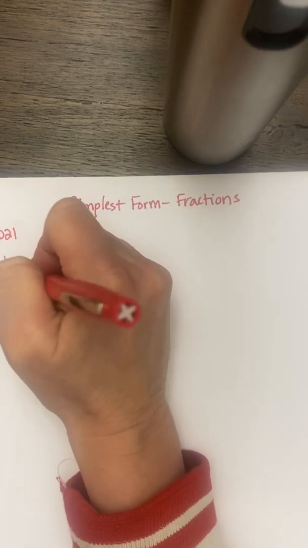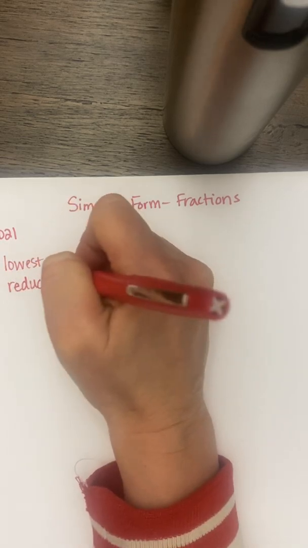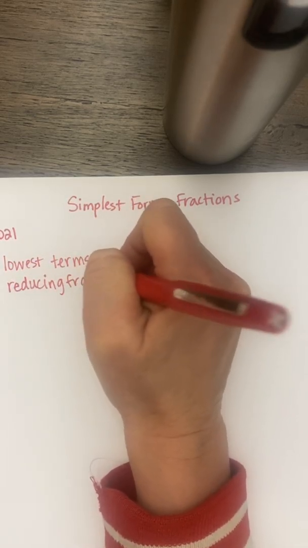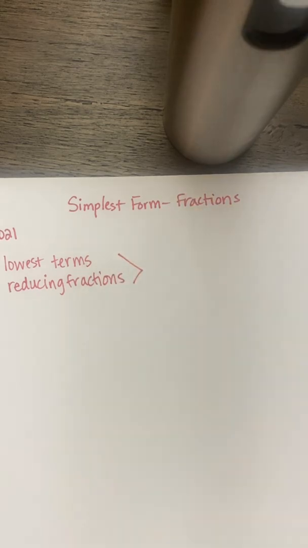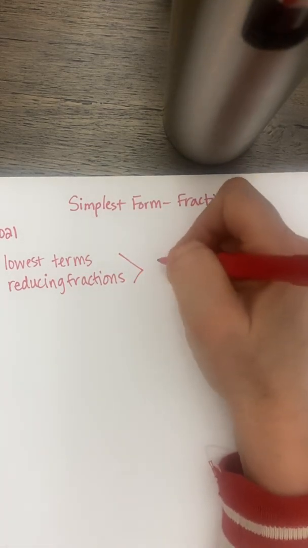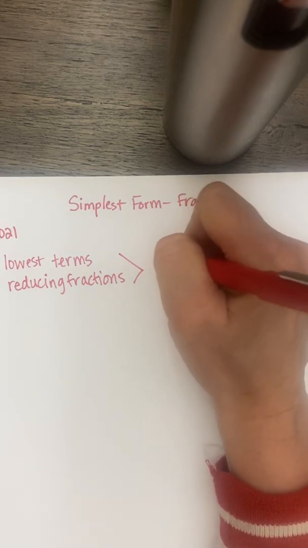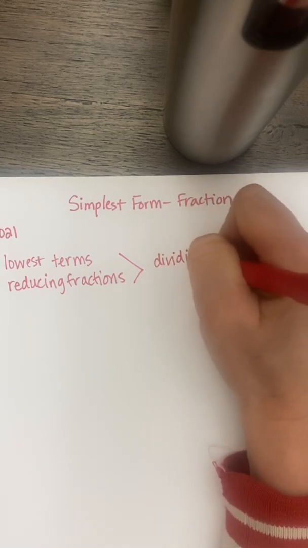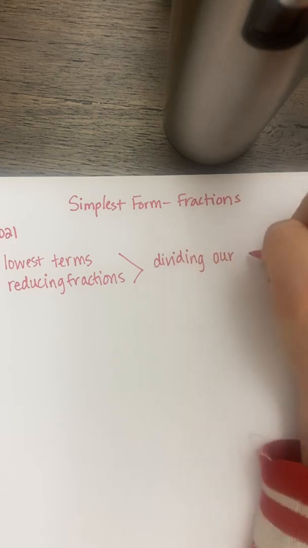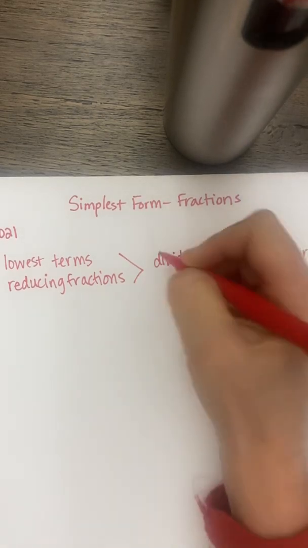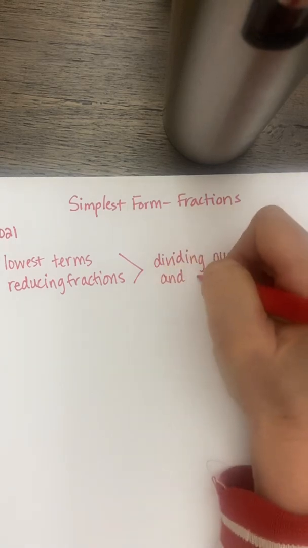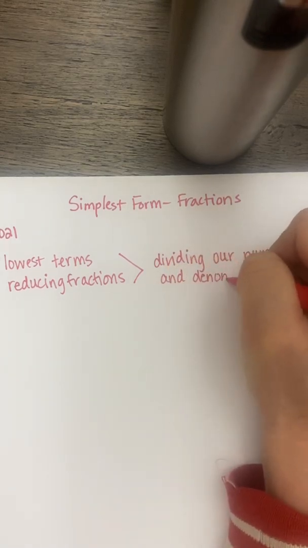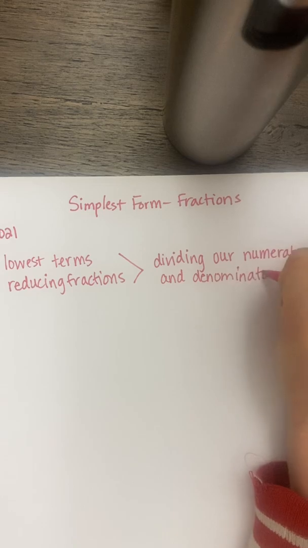All of that means simplest form, lowest terms, reducing fractions, all means that we are dividing our numerator and denominator by the same number until we can't divide it anymore.